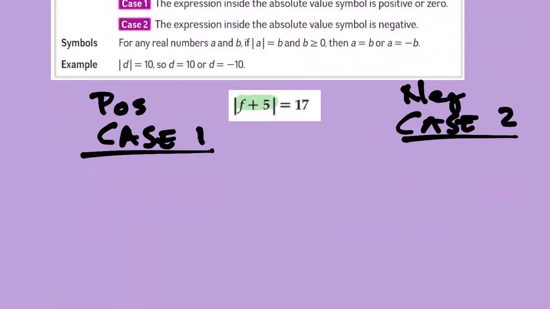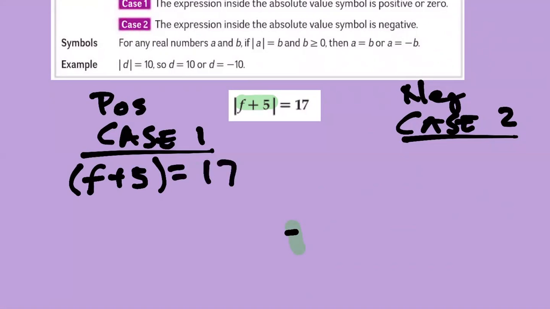So this stuff right here, whatever's inside the brackets is already positive, and then it equals 17. All right, so that means that this f plus 5 is positive, so I don't have to do anything weird to it or anything, and that already equals 17.